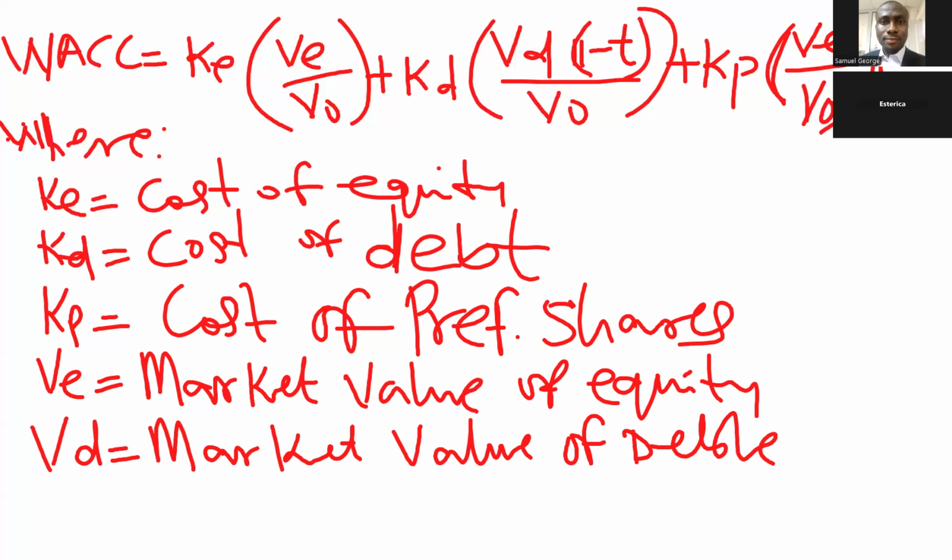VP, sorry, this one I said KP, it is VP over VO, not VE over VO again. So it is VP, value of preference shares.